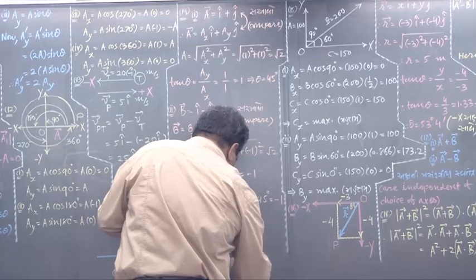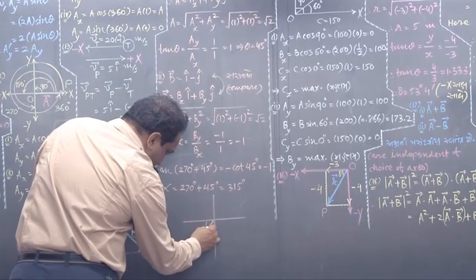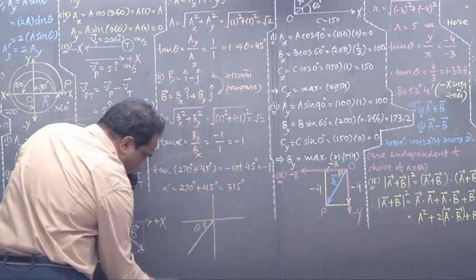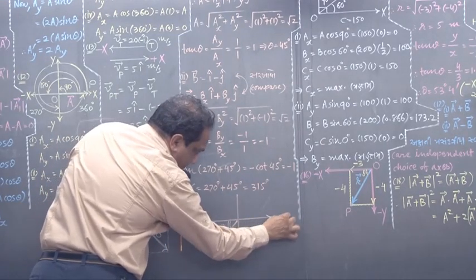Look, right now this angle you have found out, correct? Now this is theta. If you want the angle made by this vector with the positive x-axis, then tell me.